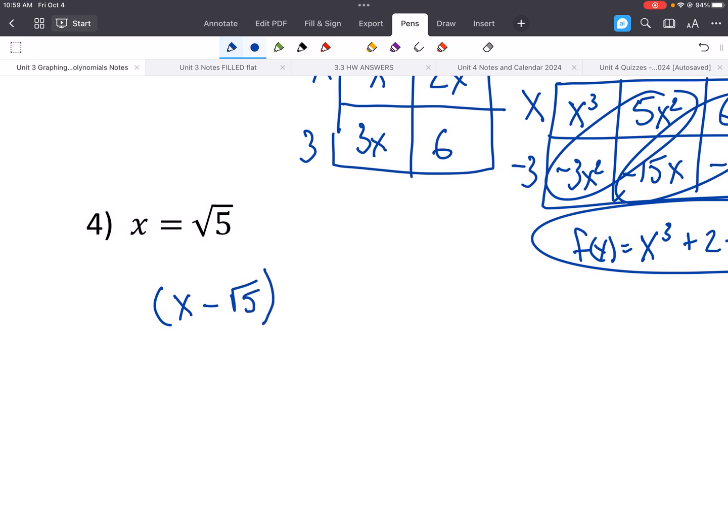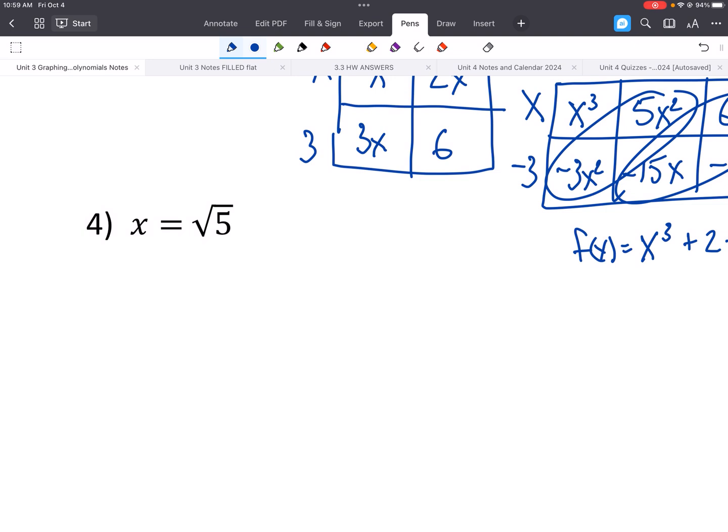Or I guess that is a factor, but when we write a polynomial, we want to have all of our numbers be integers. So maybe no fractions, no irrational numbers, no imaginary numbers.